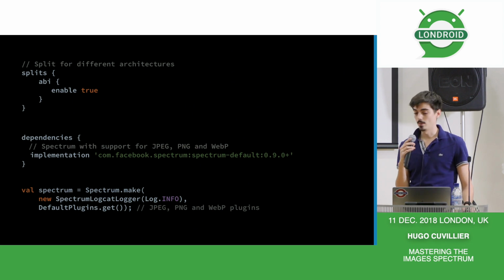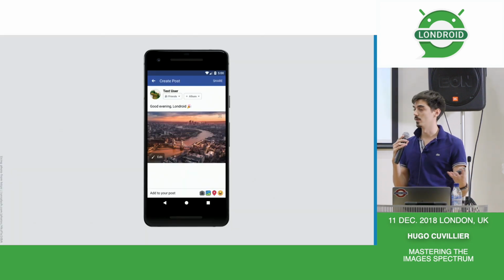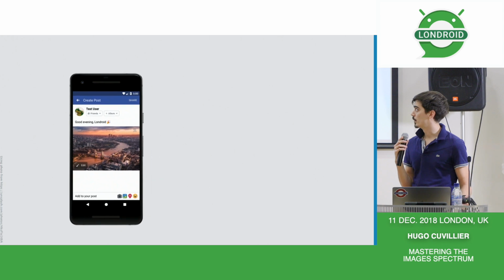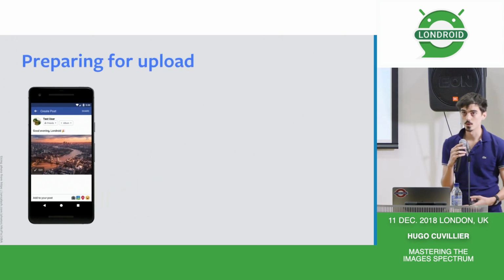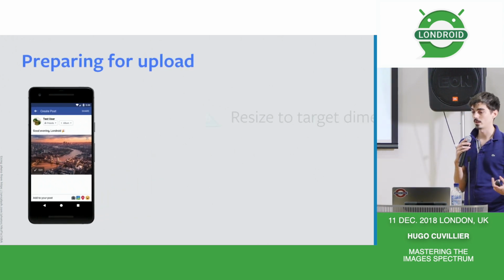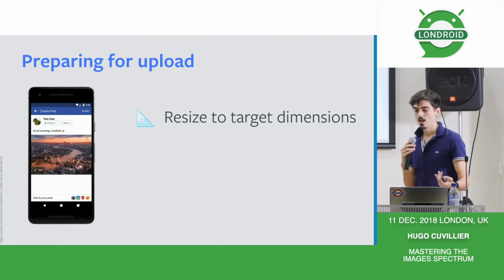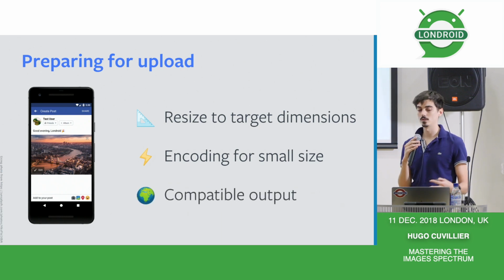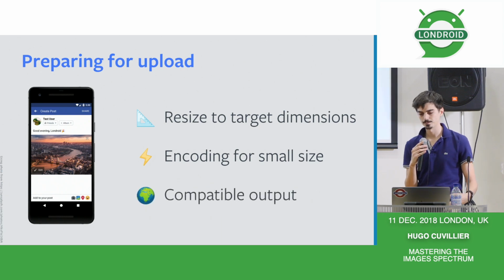So if we look back at our example from before, where we want to upload an image that we've just taken, what are we going to need to do at this point? Here we want to prepare for the upload. First we're going to want to resize to the target dimension, as we've seen before, and encode so that the resulting file size is smaller, while still keeping a universally compatible output.